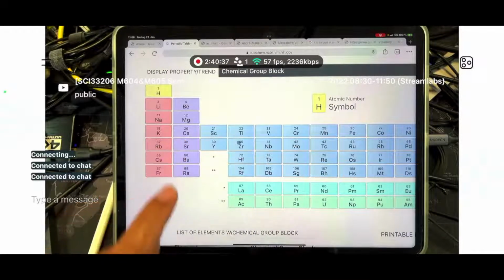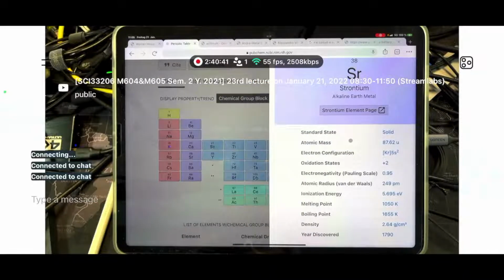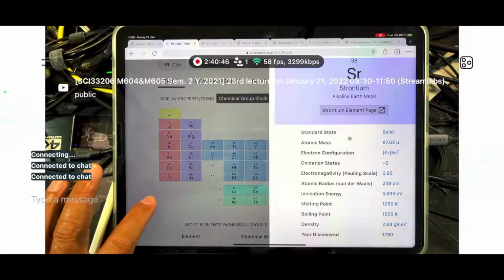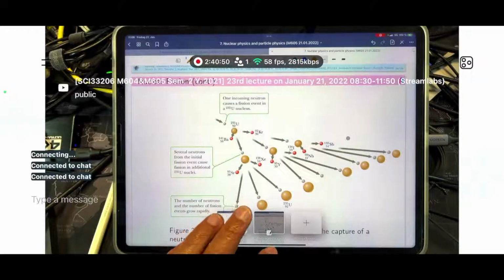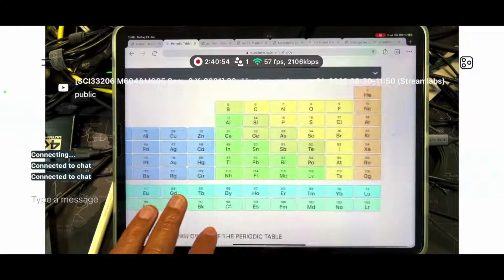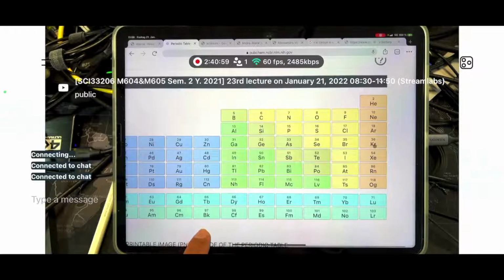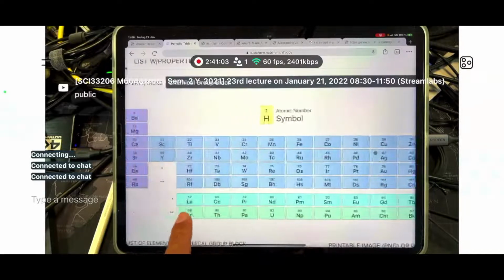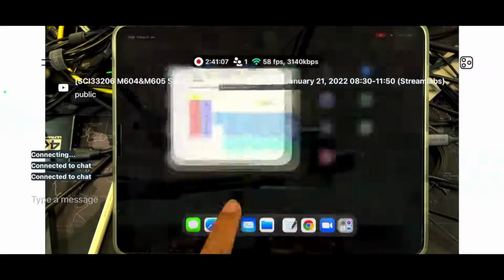Sr is strontium. Strontium and Xe, xenon, I think. Xenon is an inert gas, right? It's stable already. Xe is stable, but strontium may not be the case.